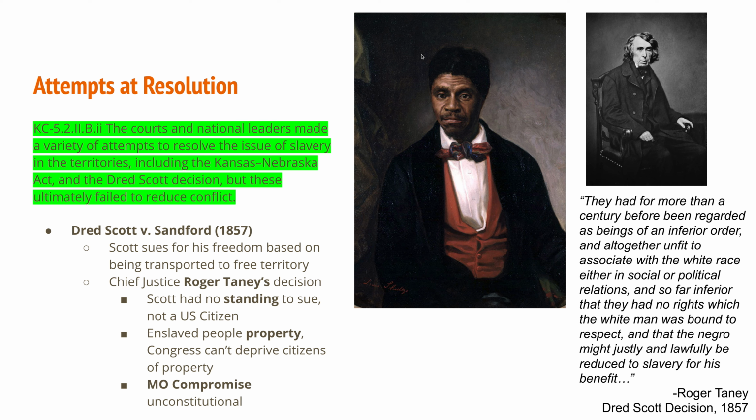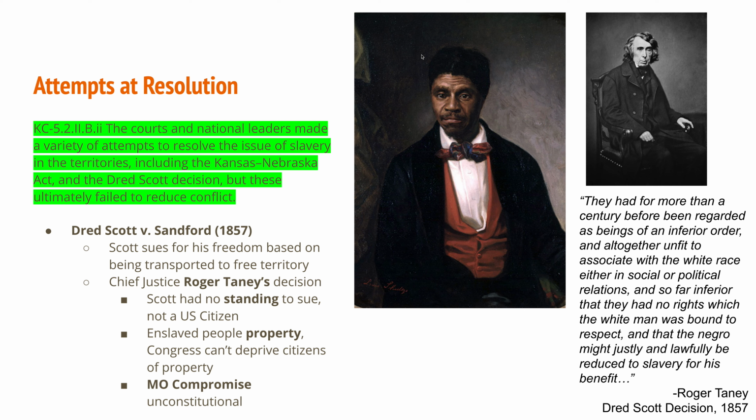And he says that enslaved people, in the eyes of the US Constitution, were property. And since Congress cannot deprive other citizens of property, slavery was technically legal all across the United States, and Dred Scott did not gain his freedom by merely stepping into free territory.